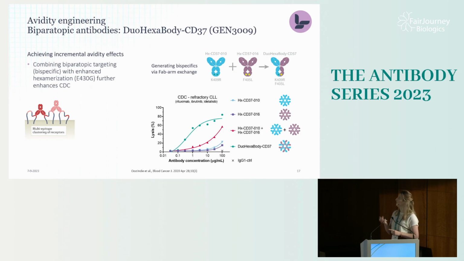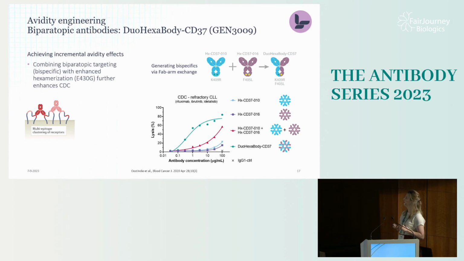And we did so using a Fab-arm exchange method, where we exchanged the different antibodies against the different epitopes, sometimes introduced a hexamerization-enhancing mutation, and we ended up with a bispecific targeting 2 different epitopes on CD37, containing a hexamerization-enhancing mutation. And we decided to test that one alongside all of the other options and combinations that were out there.